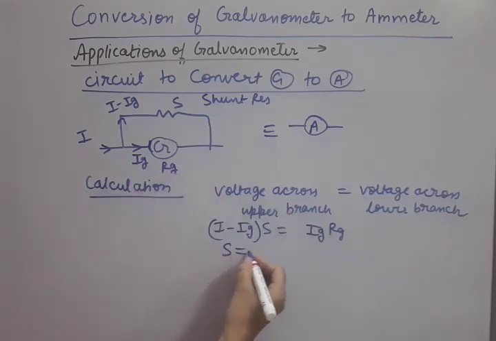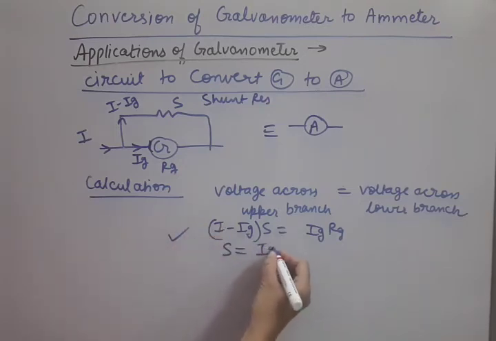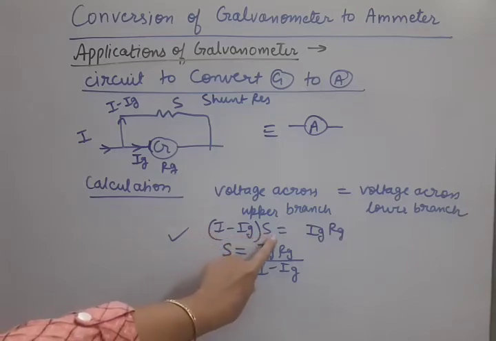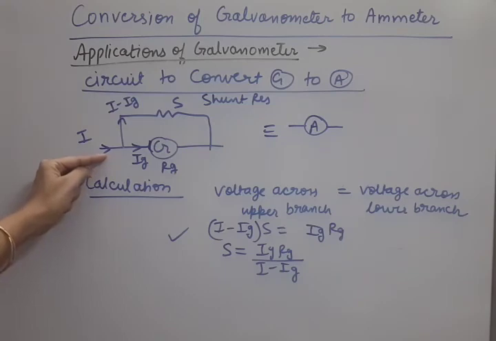Finally, we can prepare the shunt formula, or you can learn the formula as it is also. Actually, this upper formula is of use because whichever data is missing, you can calculate it. So (I minus Ig) into S equals Ig Rg. Now what are the meanings of all the terms?